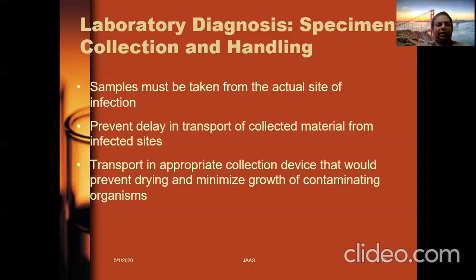Then once the labeling is done, we have to transport them in appropriate condition, usually to the laboratory. Otherwise, we can anticipate a delay. We can keep them in the ward or theater setup and send them there.